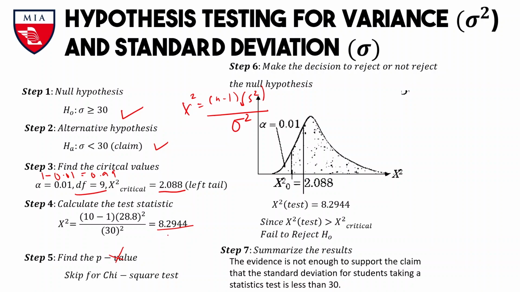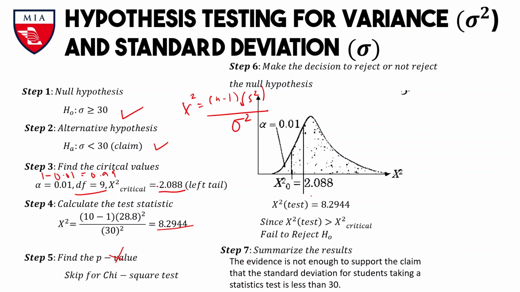The value of our test statistic is 8.2944, and the value of our critical value is 2.088.